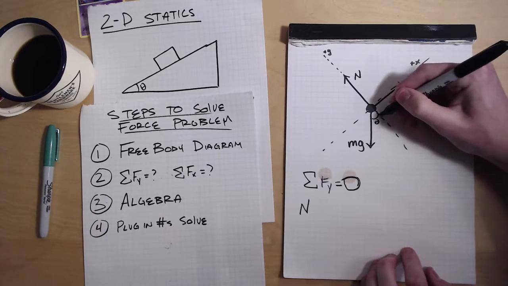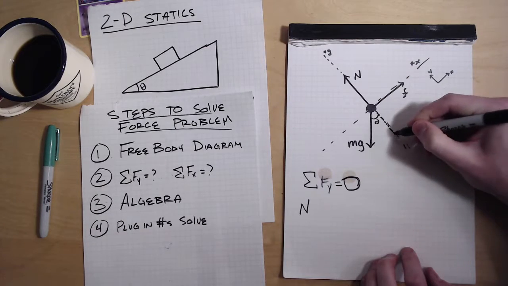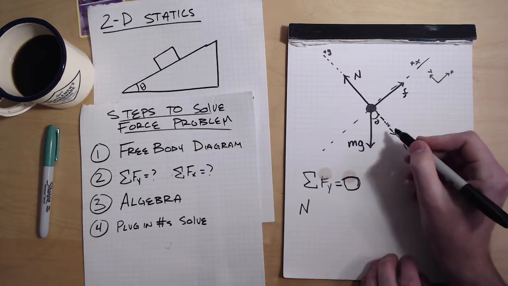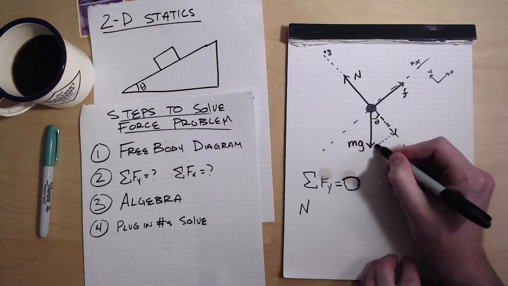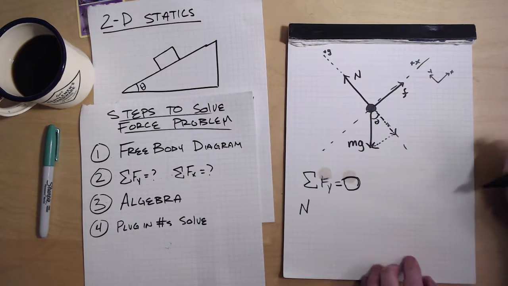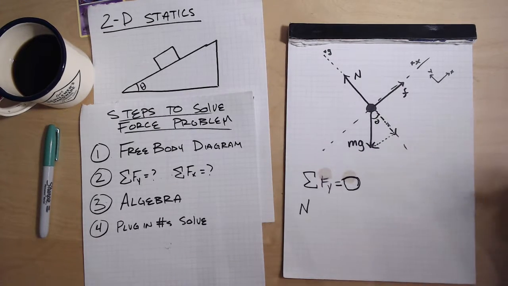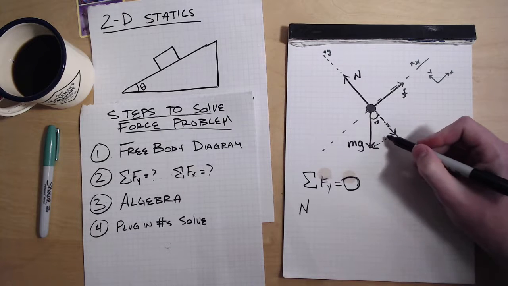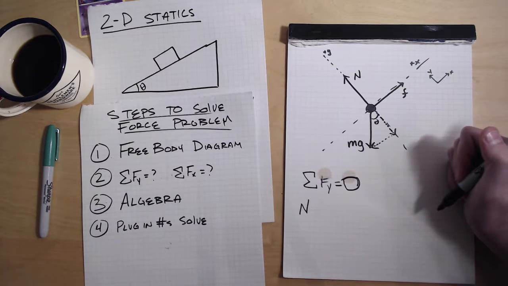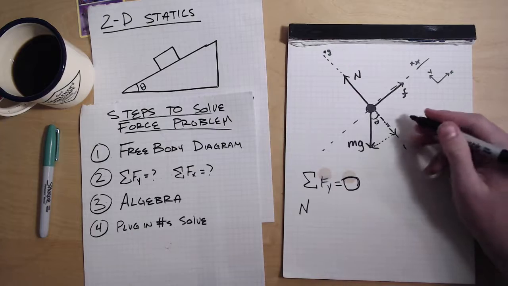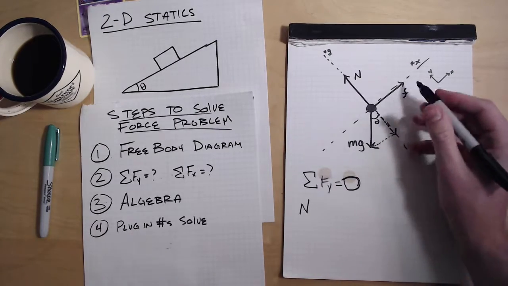So we can break up the components here and here. Now a lot of you are drawing it a little bit differently, so just make sure that this angle right here is the 90-degree angle.